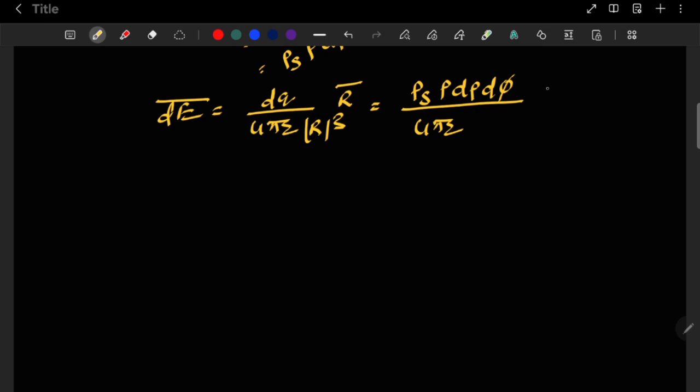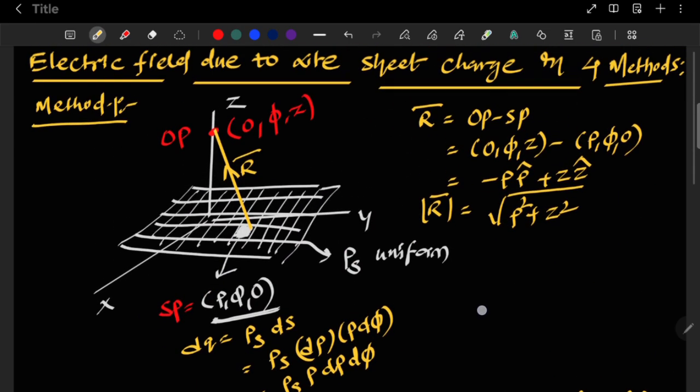That means we'll get minus rho cap and then plus z into z cap. This is the r bar, divided by magnitude of r cube, that is rho square plus z square power 3 by 2. Okay, we got like this.